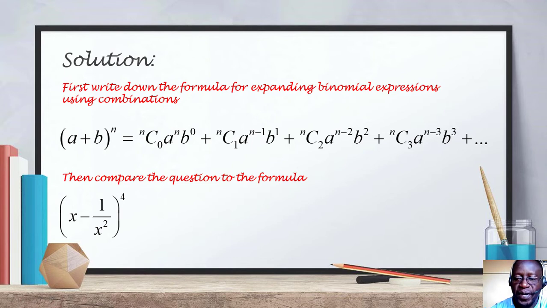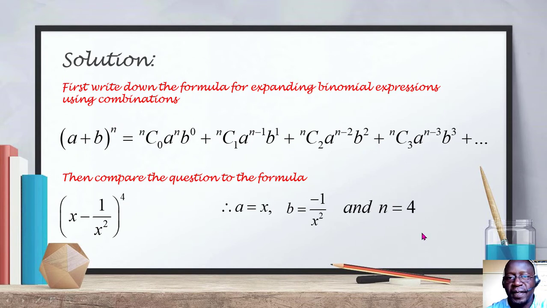When we start comparing, the first thing we notice is that a is equal to x. Then b is equal to minus 1 over x squared, taking the negative sign into consideration as well. And lastly, the power n is equal to 4.